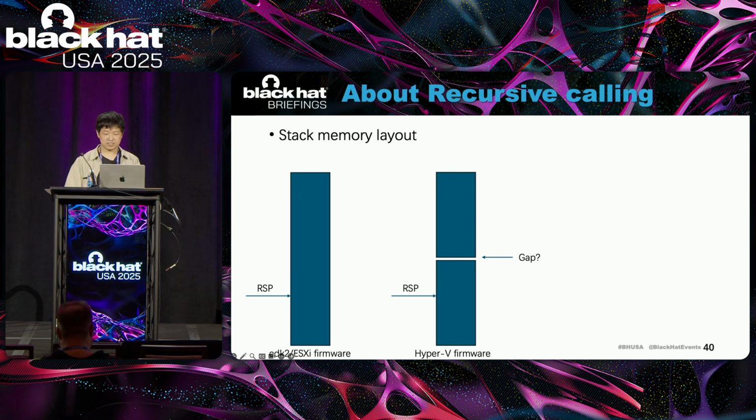There's no guarantee that the memory before the stack memory is not writable in UEFI definition. So this will change a recursive calling into a stack out-of-bounds write. And this OOB write will have the ability to overwrite the interrupt stack or some key variable in UEFI environment, resulting in a highly exploitable vulnerability.